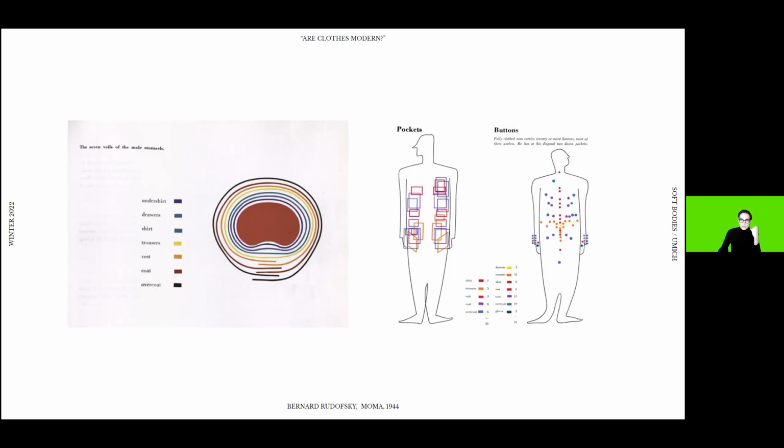And then on the right, a normative diagram calling out the number of buttons as well as pockets that men have on their suits, which in his mind, he was using to argue that the suit and garments at the time weren't modern because there was a glut of content in them.